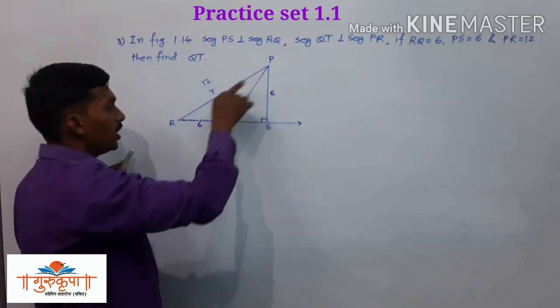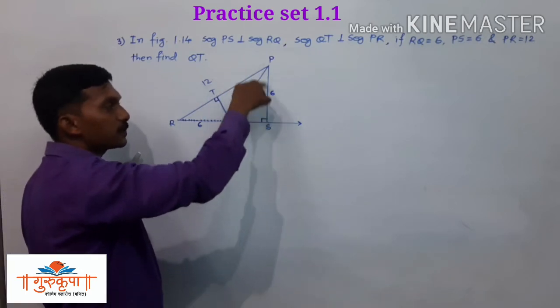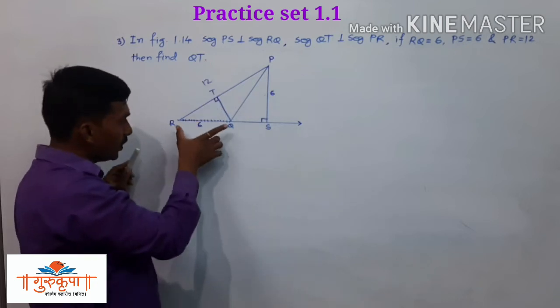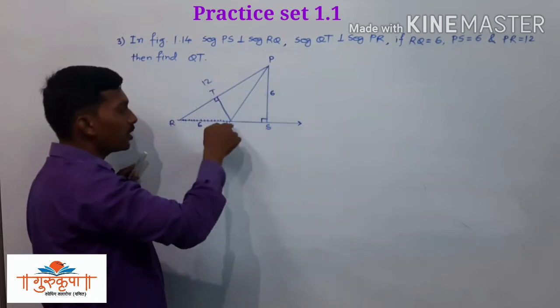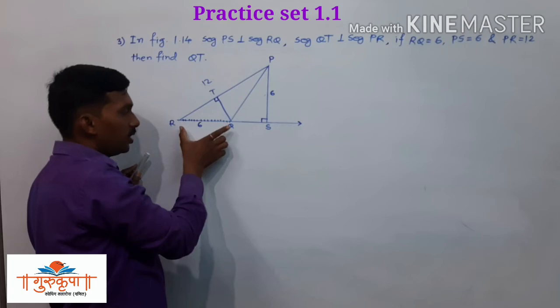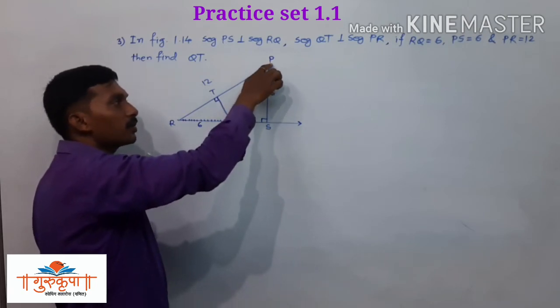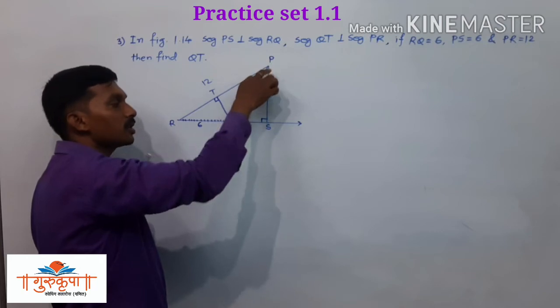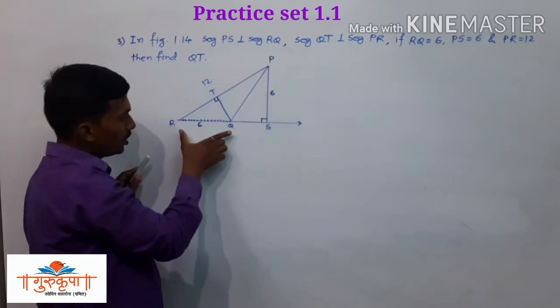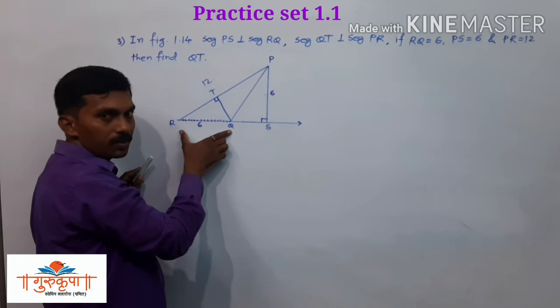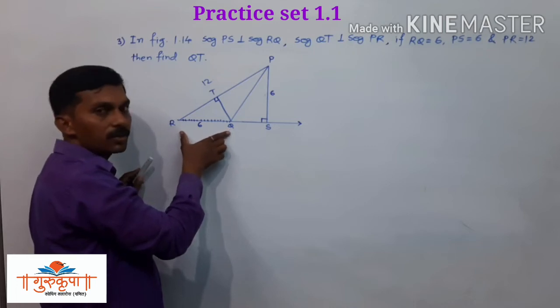Once we consider that base is QR and height is, when the base of this triangle PQR is QR, at that time we have to draw the perpendicular from the remaining vertex or the third vertex to the base. This is the base RQ.